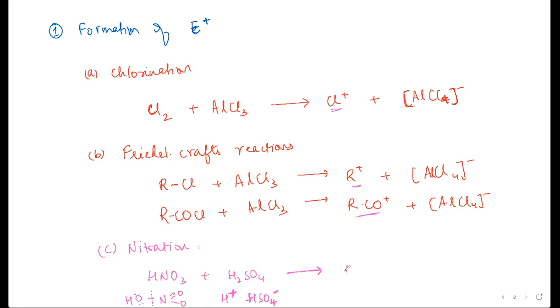So what you end up with is NO2 plus, and because this proton is attracted to this OH, that part forms water and you'll be left with HSO4 minus. Okay. So this is how your electrophile is generated in the case of nitration.